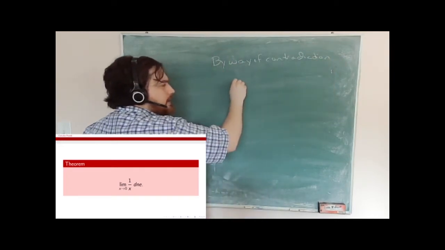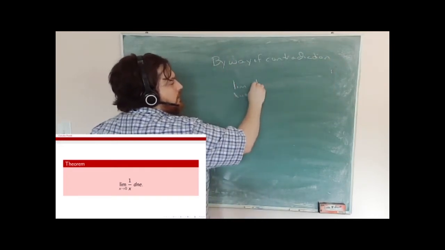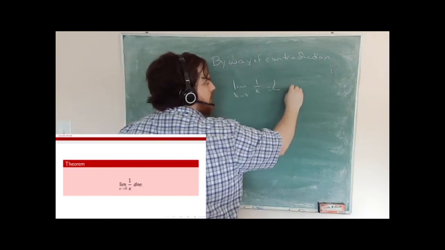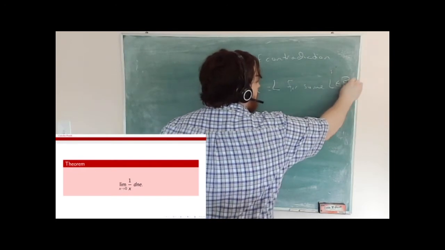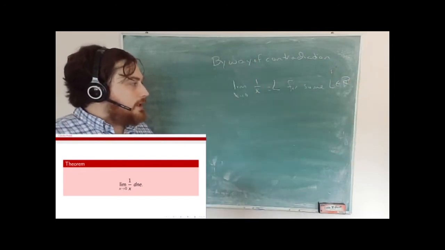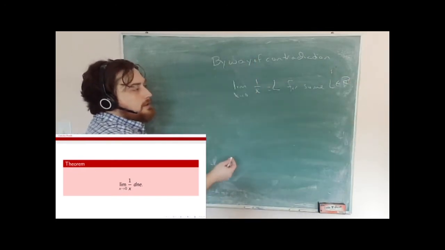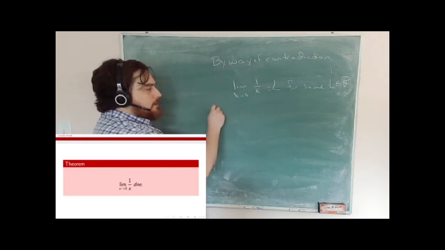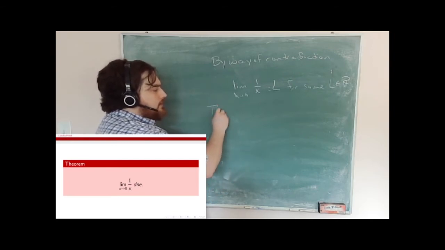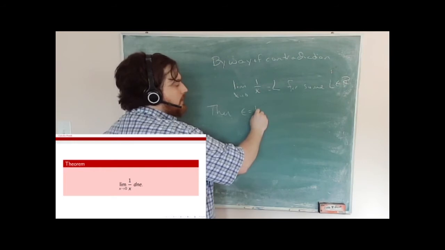So by way of contradiction, assume that the limit as x goes to 0 of 1 over x exists, so it's equal to L for some real number L. Then what I get is that for any epsilon, there exists a delta such that the absolute value of 1 over x minus L is less than that epsilon. So let's pick an epsilon, let's say epsilon equals 1.